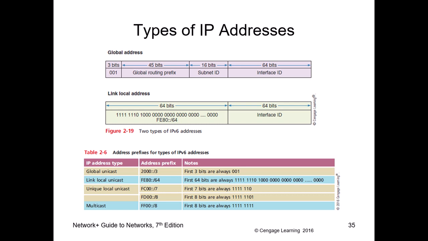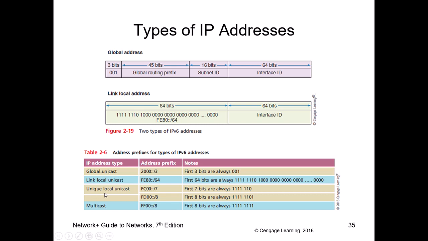You cannot use this address to communicate with anyone outside your LAN. All right. If you need to communicate with anybody outside your LAN, you're going to use either your global address to get on the internet, an address that you can use on the internet, or you can use a unique local address, which is like a private address to talk privately to another LAN, but not on the internet. This is the difference between the unique local and the global unicast.